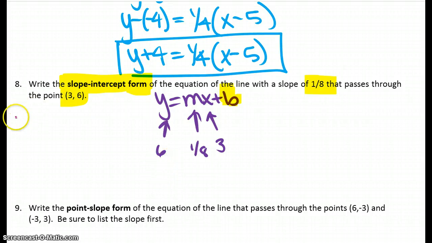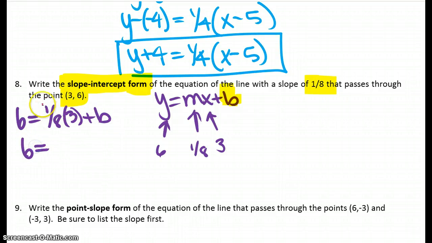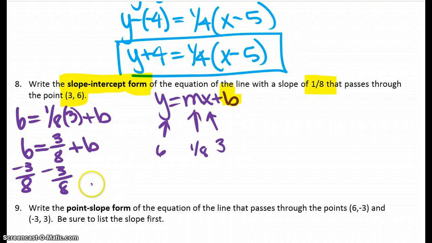So I have 6 equals 1/8 times 3 plus b. Okay, so 6 equals 1/8 times 3. 1 times 3 is 3 divided by 8 is just 3/8 plus b. Subtract 3/8 from both sides. Okay, and b is 5 and 5/8.